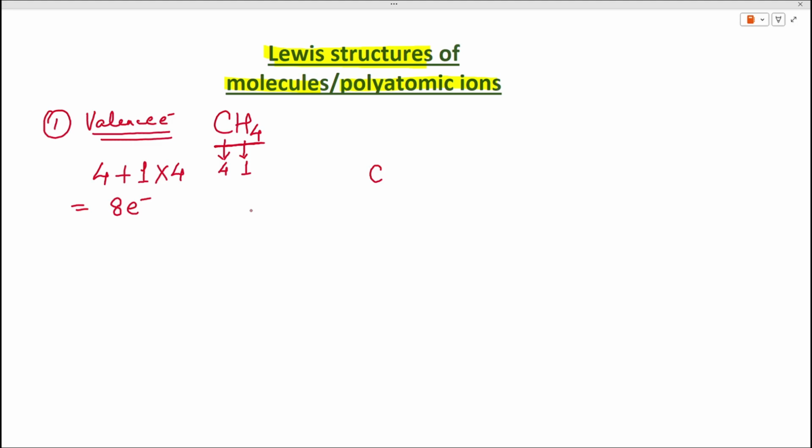So the atom which forms more bonds is added in the center and the other atoms are just placed around that. So we put 4 hydrogens over here. Now they need to have at least 1 bond between them. So we have drawn 1 bond each between the carbon and the hydrogen.